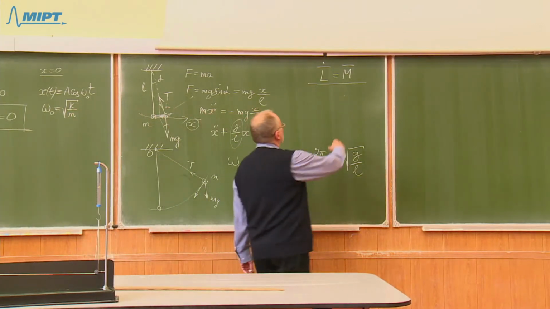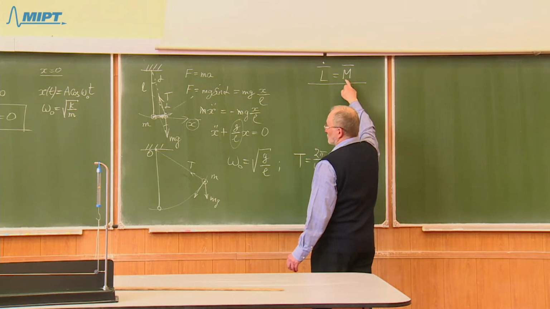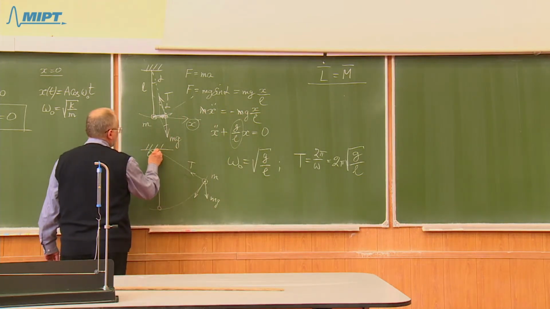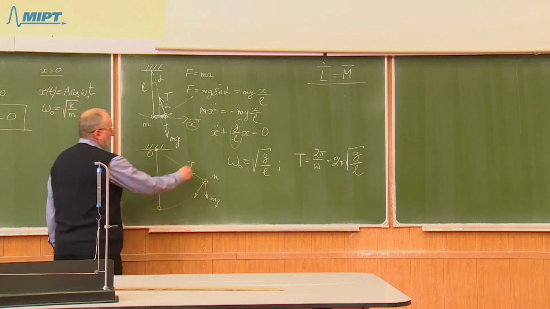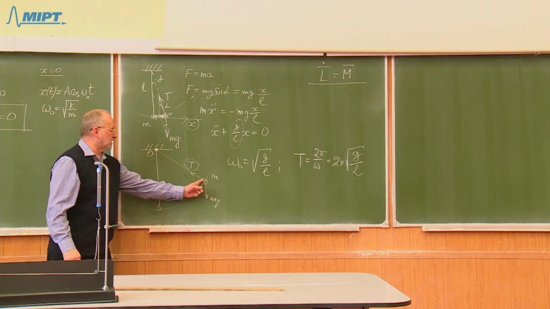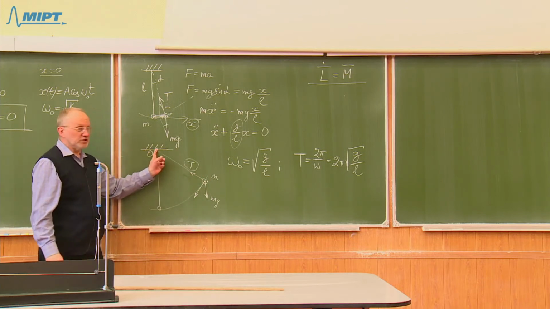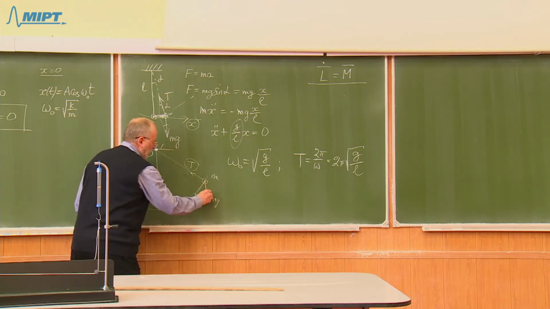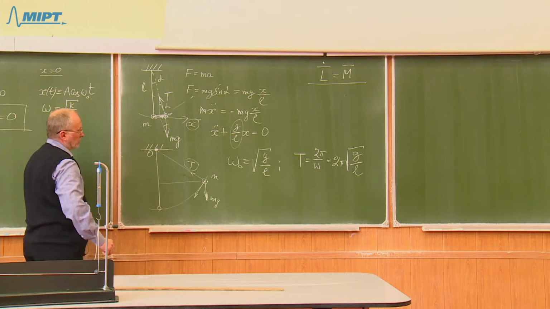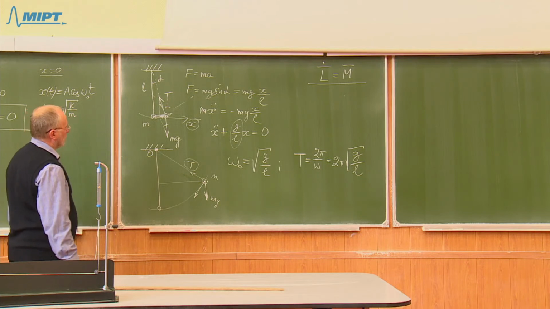And what is the external torque? Torque of external forces. The torque should be calculated with respect to this point. The force of tension will have no torque because its arm will be 0. But the force of gravity will have its torque because the arm of the force will not be 0.